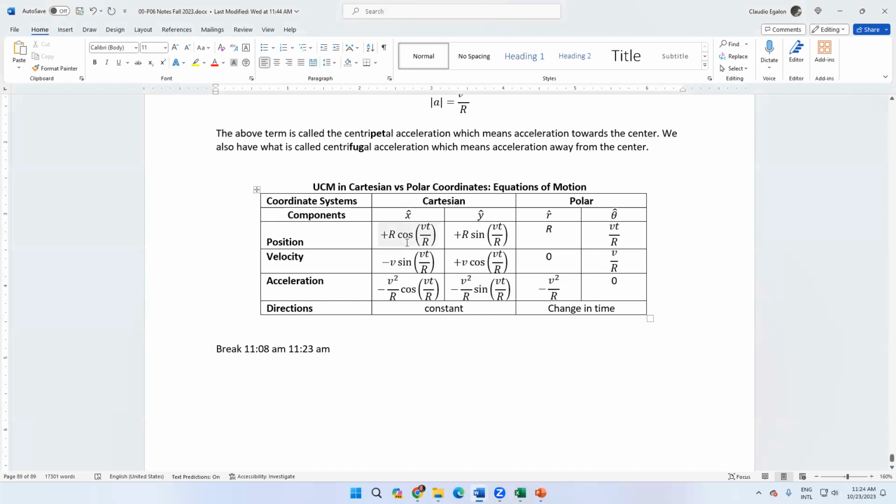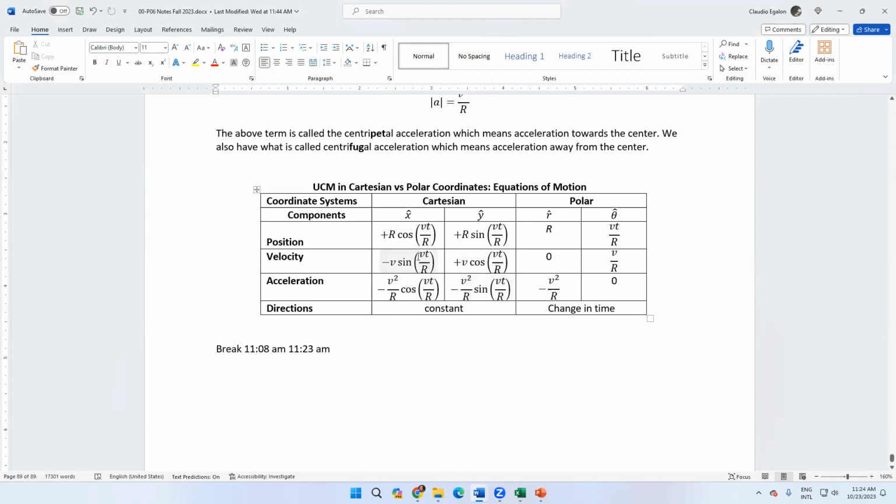If you know that for the position it is a cosine, for the velocity it is going to be a sine, and for the acceleration it goes back to a cosine. If the y component of the position is a sine, sine and cosine switch: sine to cosine, cosine to sine. The arguments are all the same.